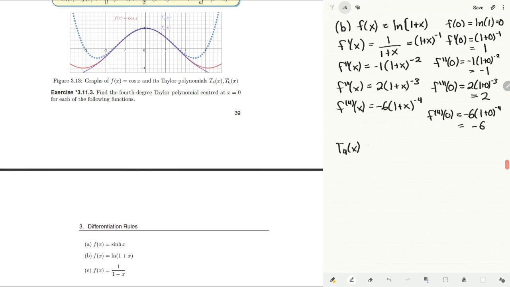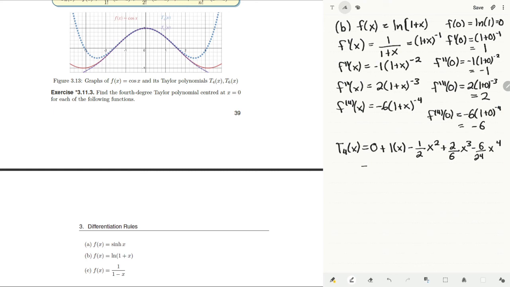And so the fourth degree Taylor polynomial is equal to 0 plus 1 times x minus 1 over 2 factorial, which is 2, times x squared, plus 2 over 3 factorial, which is 6, times x cubed, minus 6 over 4 factorial, which is 24, times x to the power of 4.